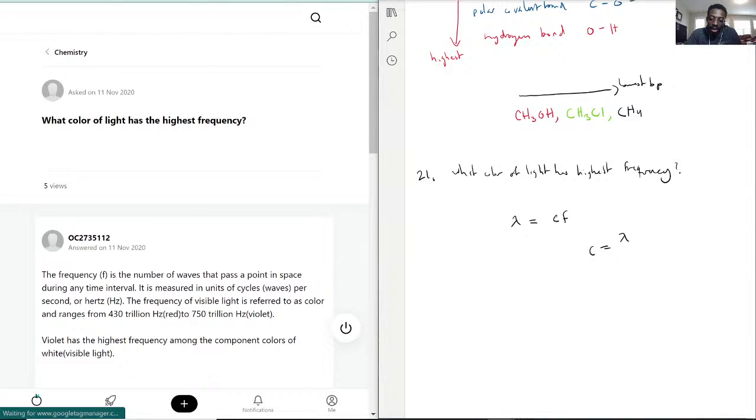No, wait, that's not it. This would be the formula: frequency times wavelength is equal to the speed of light.